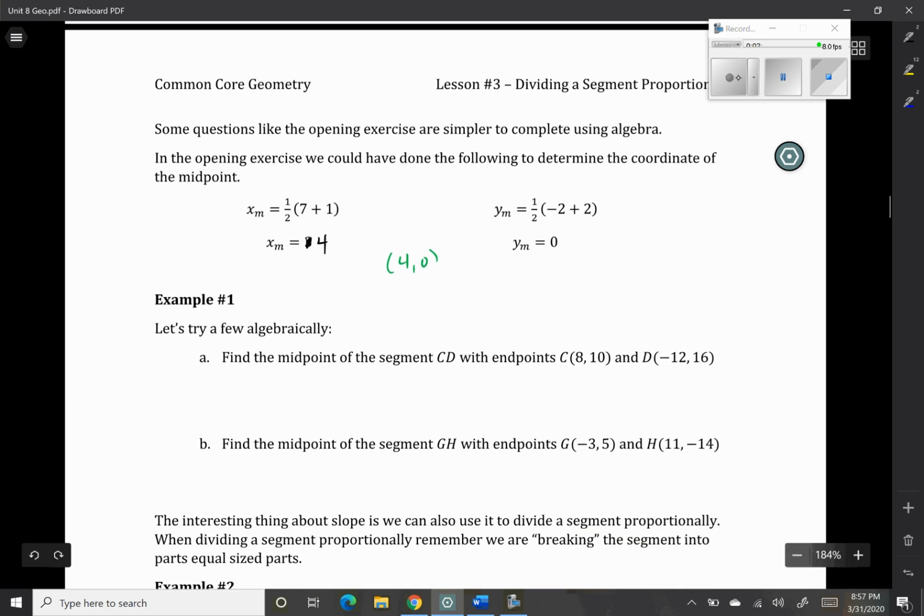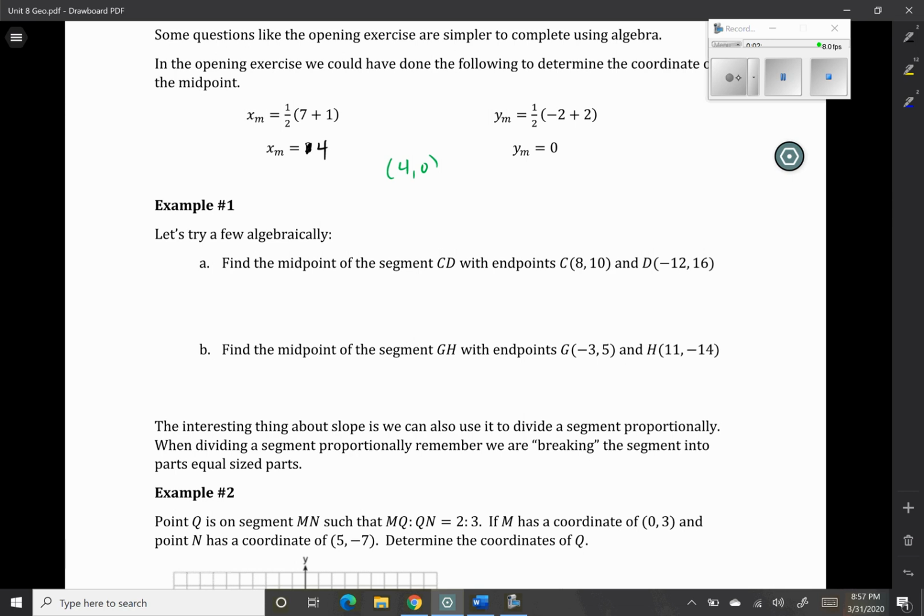So let's try a couple using this new method. If we wanted to find the coordinate of the midpoint of CD, C having the coordinate of (8, 10), and D having the coordinate of (-12, 16). If I wanted to find the x-coordinate of the midpoint, I would take half of the sum of 8 plus -12.